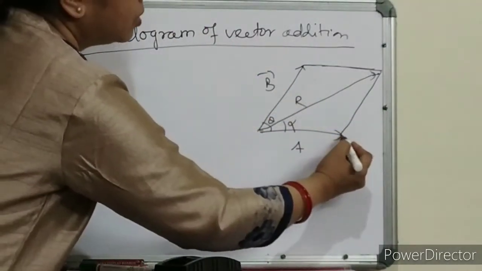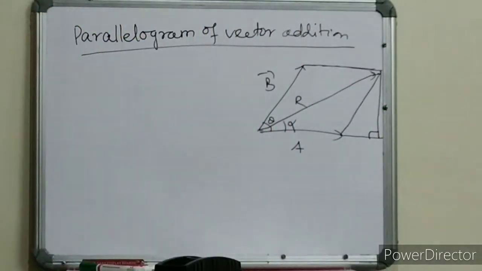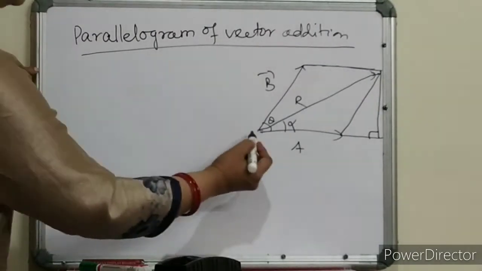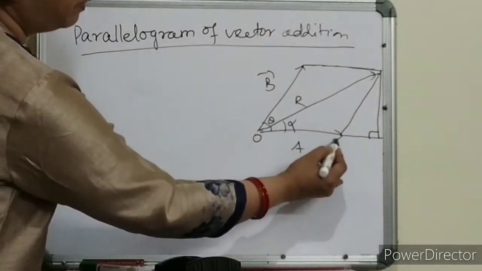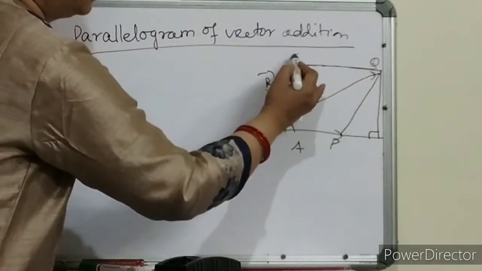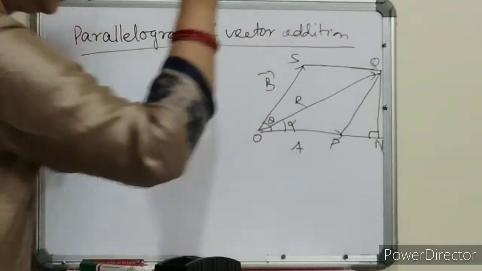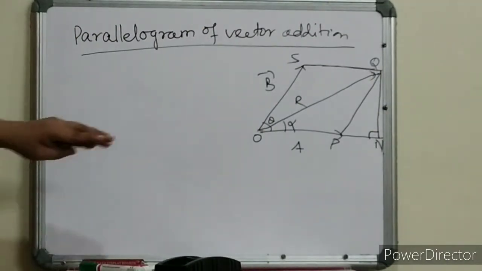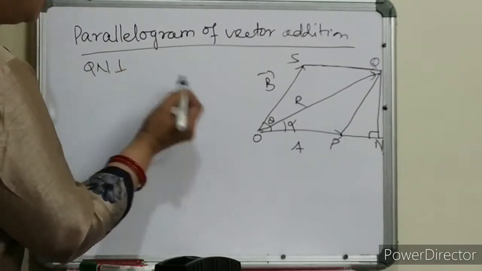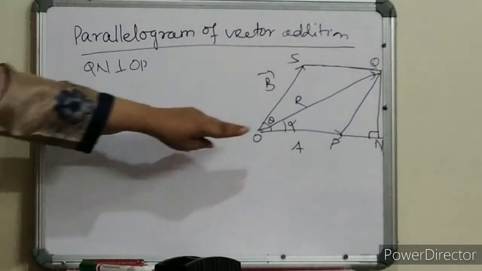So how to do it now? Let me extend this and I'll drop a perpendicular like this. So it is O, P, Q, S, and let this be N. Now see, draw QN perpendicular on OP produced.